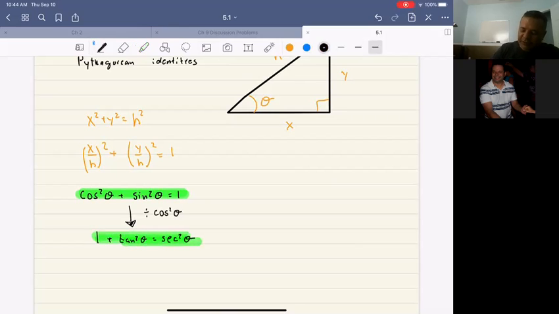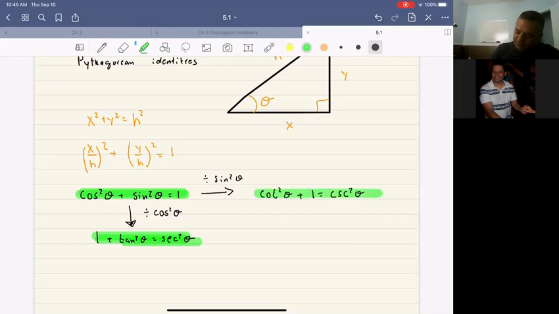Okay, and we might also have taken this and divided it, say, by sine squared of theta. So if we divide by sine squared of theta, we're going to get cotan squared of theta plus 1 equals cosecant squared of theta.